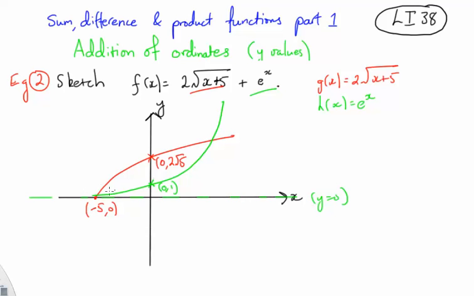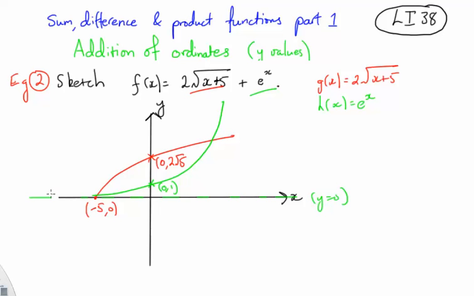Because all you'll have before -5 is e to the x, so it'll follow this asymptote. For values less than -5, this part doesn't even exist.